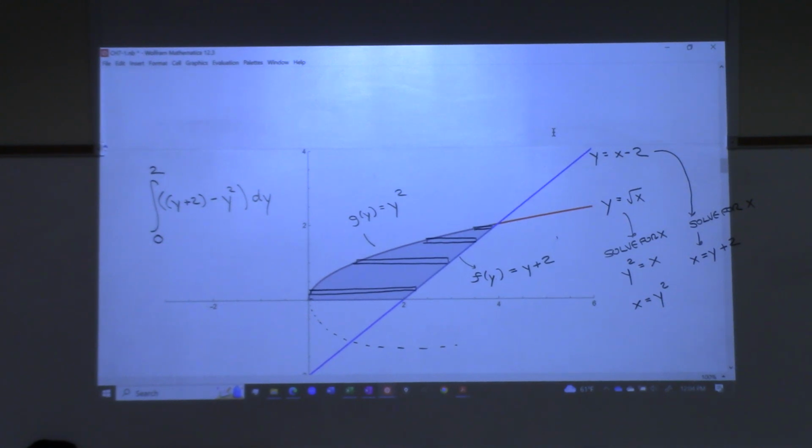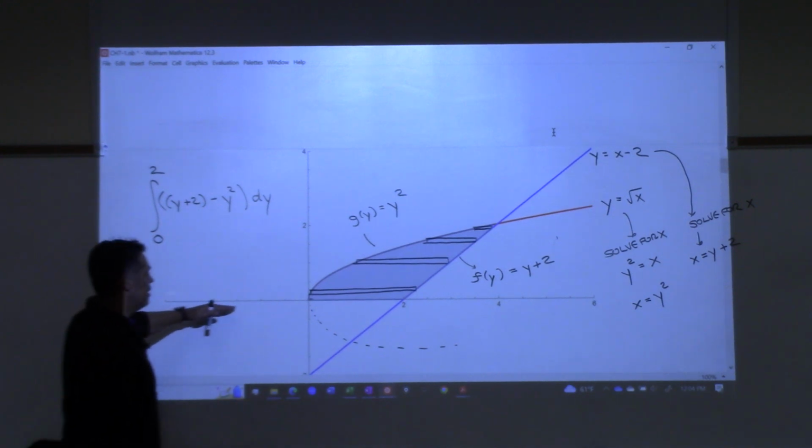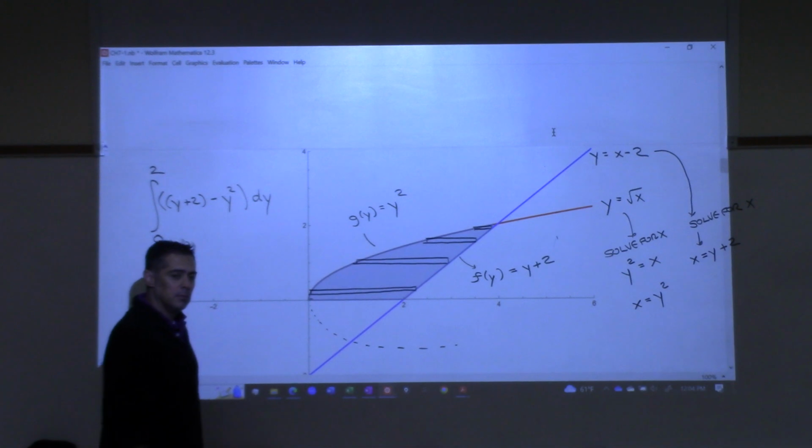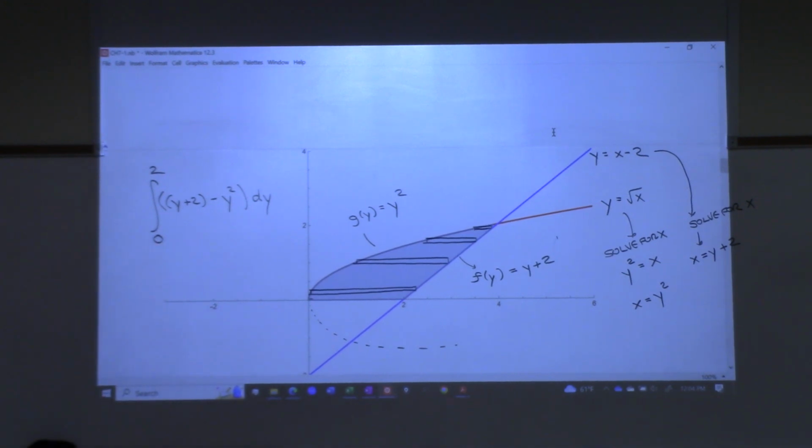It's always been there. It was the third function, the third curve that we drew. There was a question of whether we need it, and we absolutely do need it to know what region we're talking about.